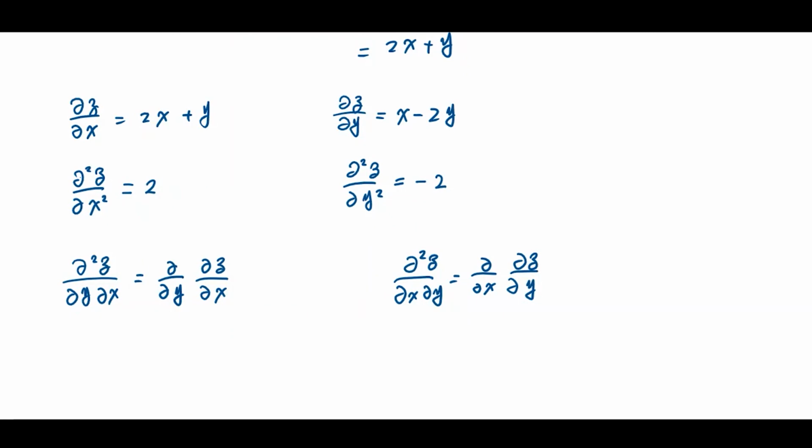Say yes. Now the difficult part is the cross terms. So let's see. With respect to x first, we have that here. Now we're going to take a derivative of this with respect to y. You with me? First x, which we have done already, and then with respect to y, so we get 1.